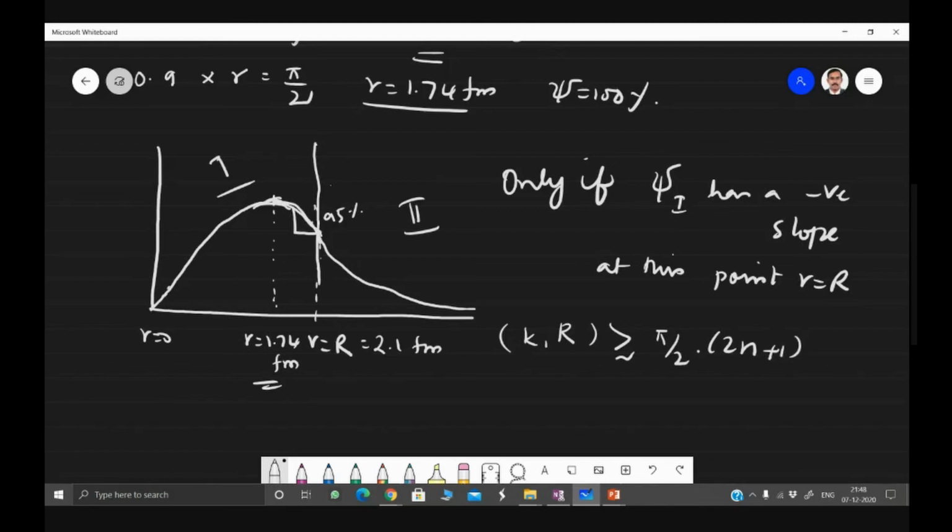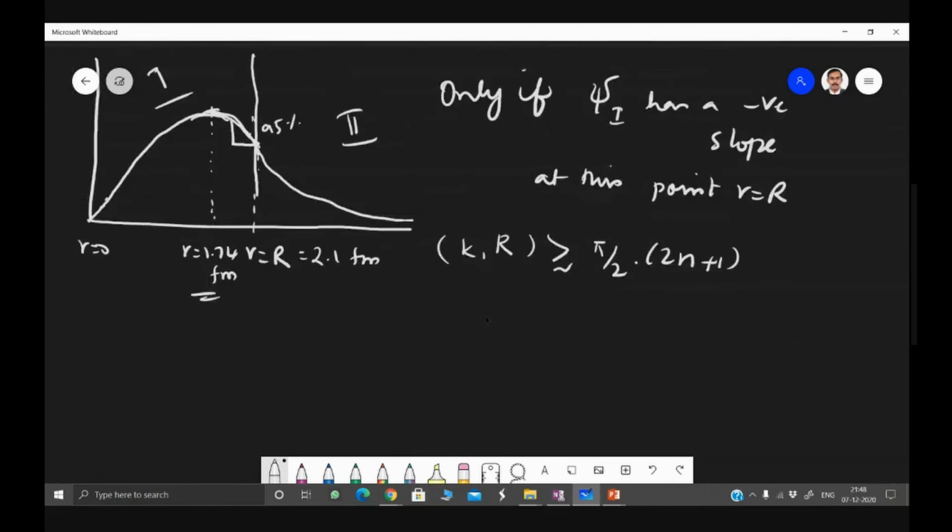If this condition is satisfied, then the wave function will have a negative slope. For example, when n is equal to 0, k1 R at the boundary will be slightly greater than pi by 2.